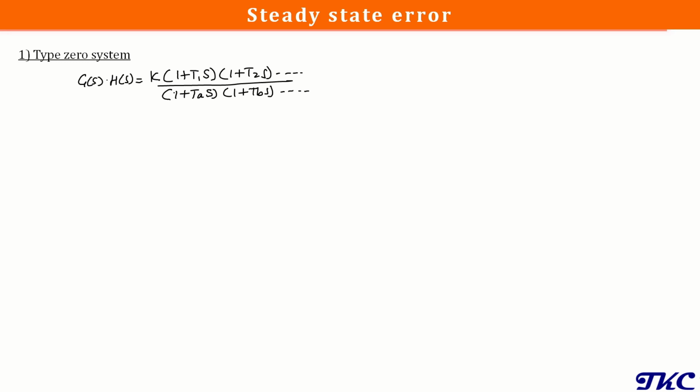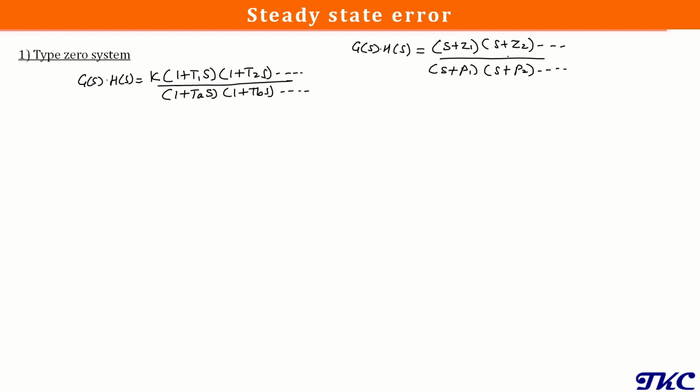Now how can we get this type of transfer function? Because what we know is the transfer function is written as G(s)H(s) equal to (s + z1)(s + z2) and so on, divided by (s + p1)(s + p2) and so on. Here z indicates the zeros of the system and p indicates the poles of the system.